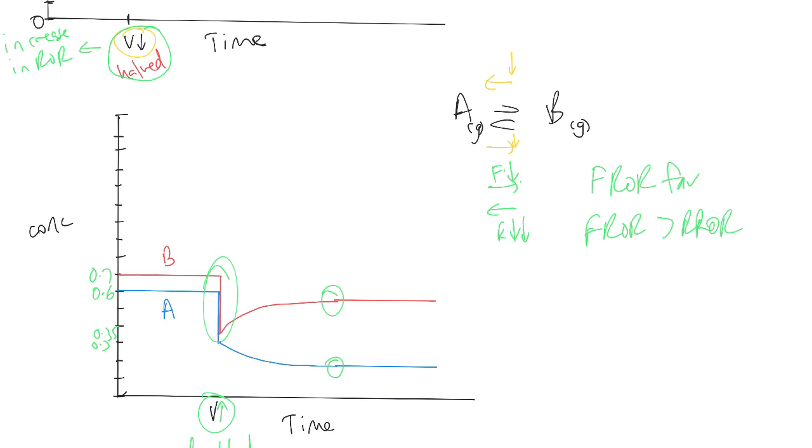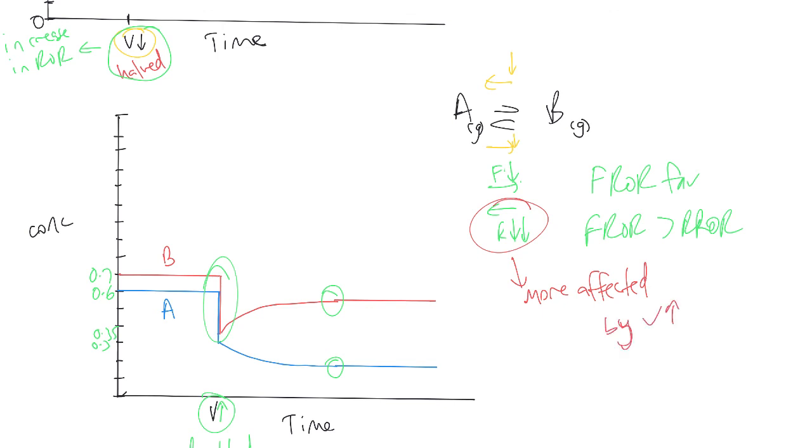So the forward rate of reaction has gone down less than the reverse rate of reaction, which means that the reverse rate of reaction was more affected by the volume change, by the volume increase.